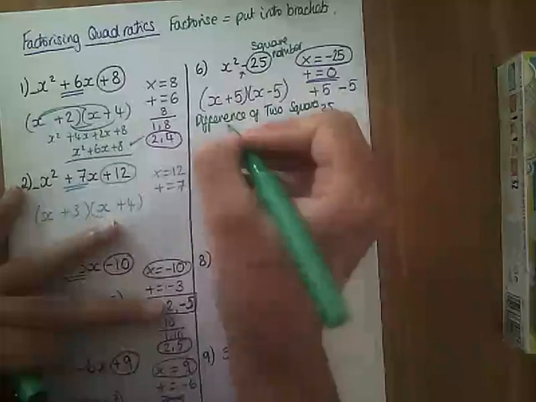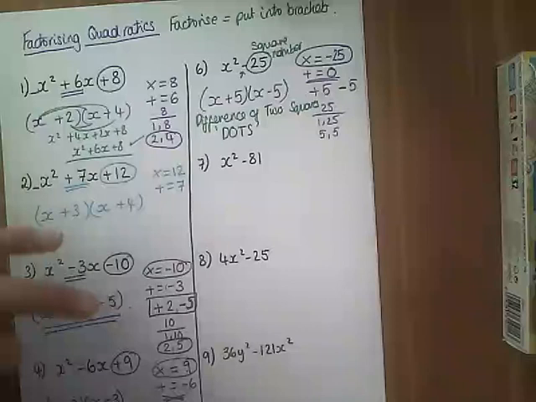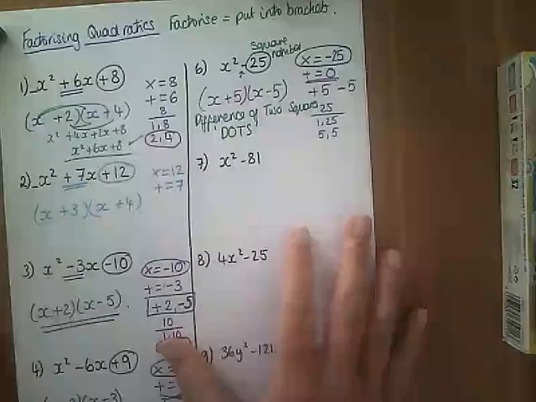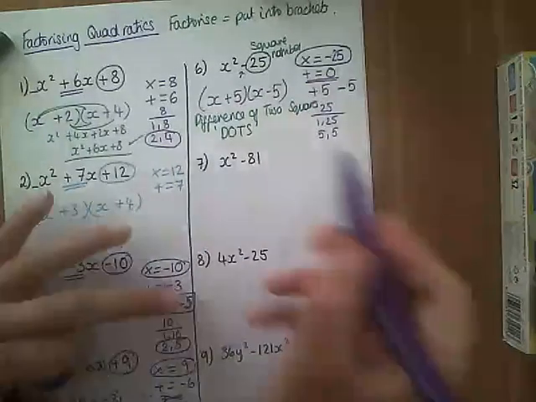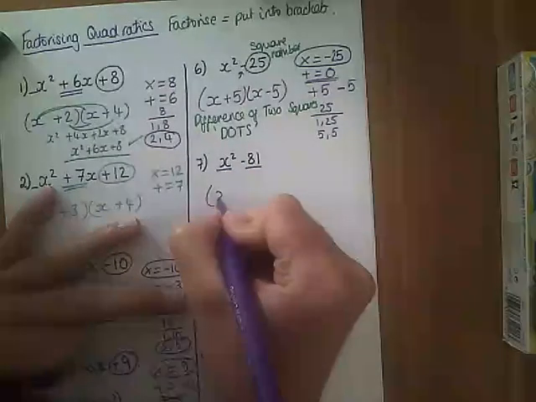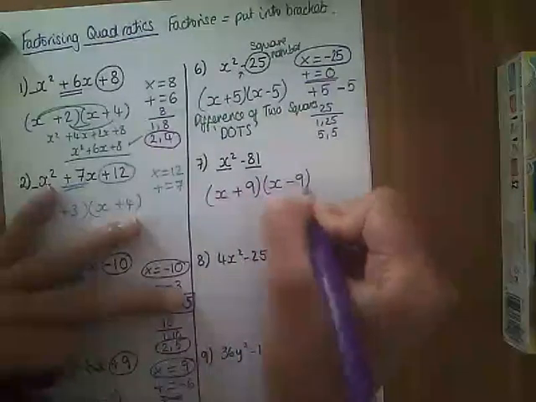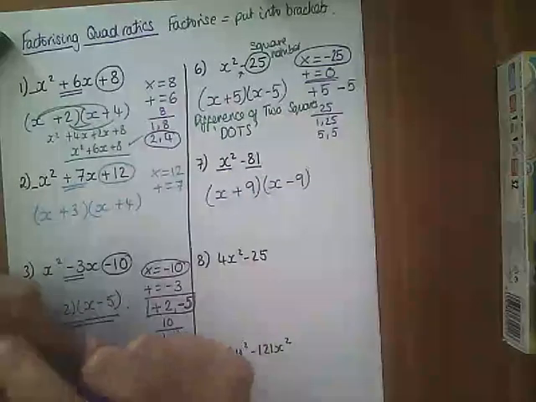Sometimes I call it DOTS for an abbreviation, difference of two squares. So if we look at number 7, here we've got this is square, and we're subtracting them. The square root of 81 is 9, so it's the difference of two squares, one's a plus, one's a minus, doesn't matter which order: x plus 9, x minus 9.